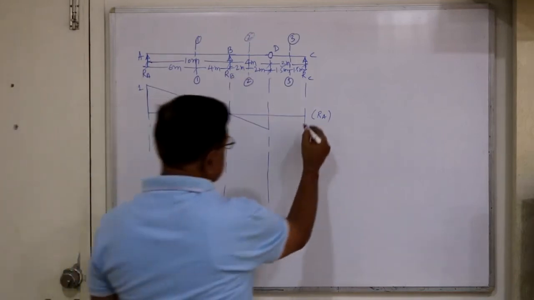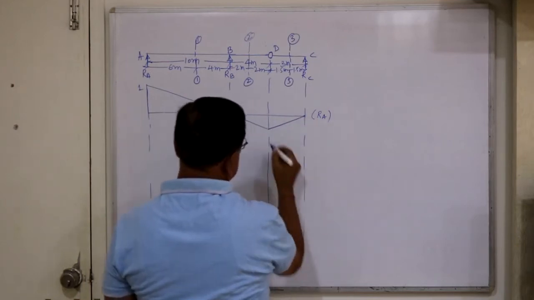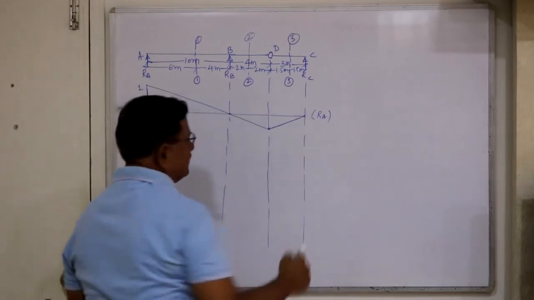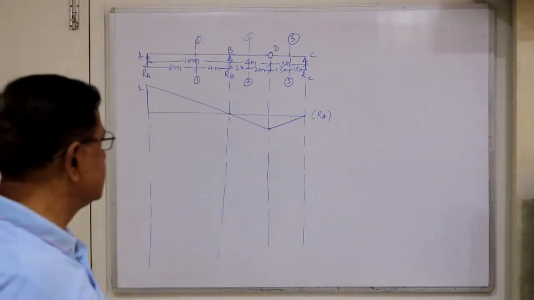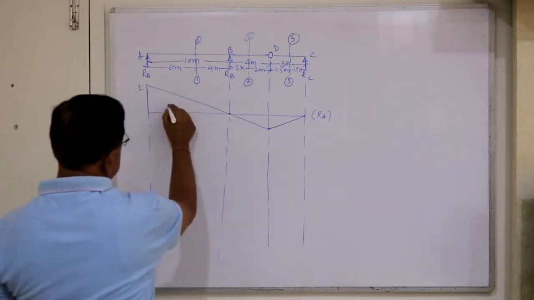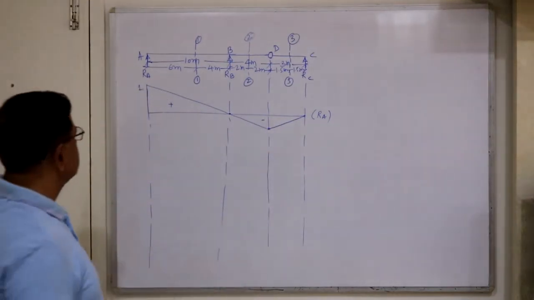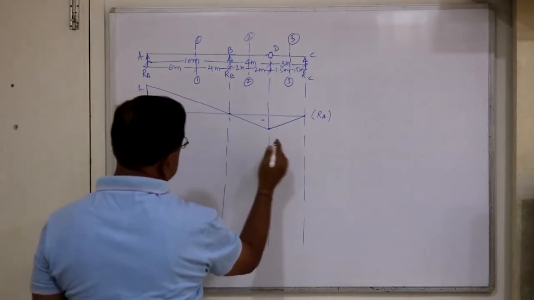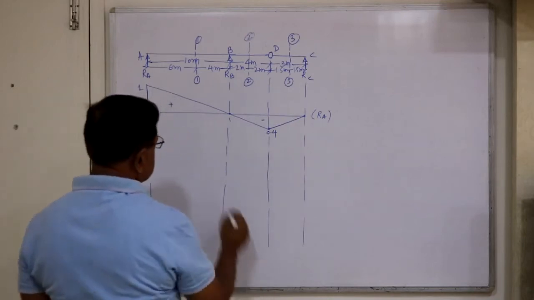Again, here deflection is 0. So join this. At the internal hinge the members are allowed to rotate, that is not an external support. So this is plus, this is minus. And this ordinate will be 4 divided by 10, so this is 0.4. So ILD for RA is over.